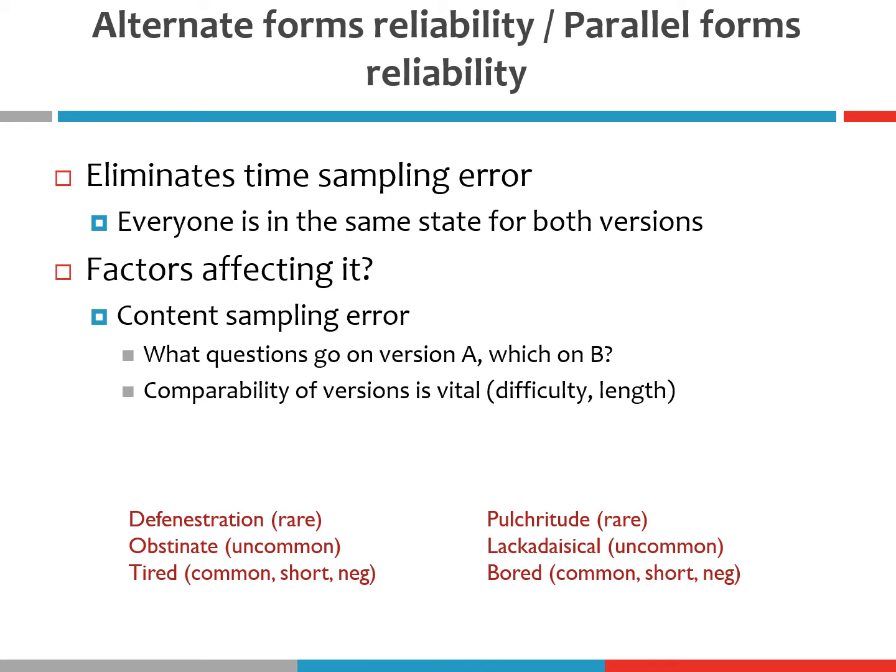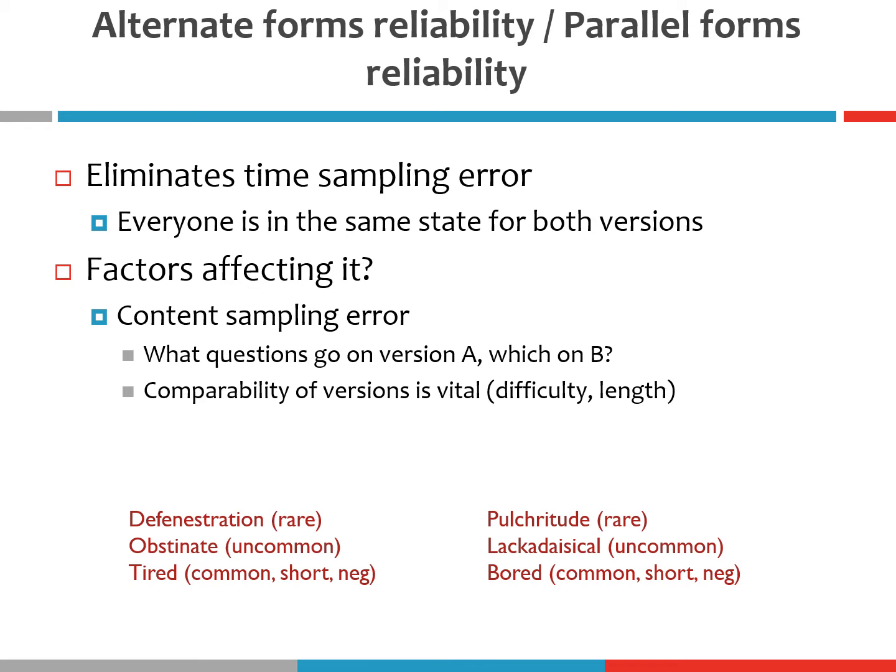Remember, content sampling error happens when the particular subset of questions that we've chosen for a test, because of those specific questions, cause an increase or decrease in our obtained score, right? So we really have to think hard about what questions go on version B and what questions go on version A to make sure that they're comparable to each other, right?